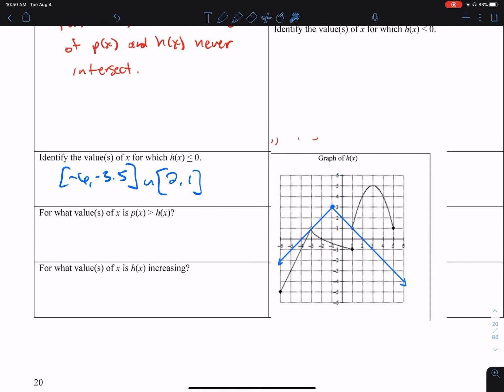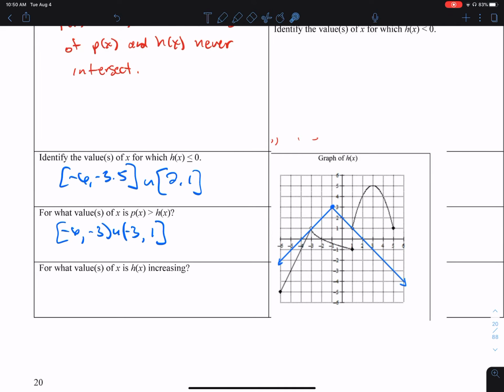So we're going to go from negative 6, it's a closed dot, so it's inclusive, skips over negative 3, and then stops when it gets to 1, and it's closed. It's closed because there is a closed dot here for h of x, and it's clearly above it there.